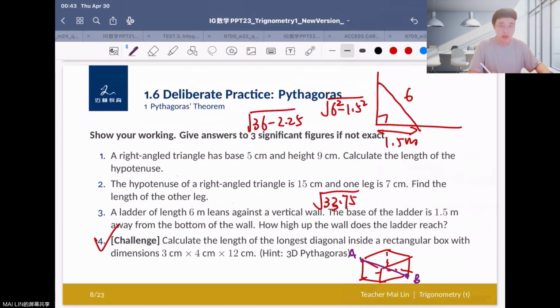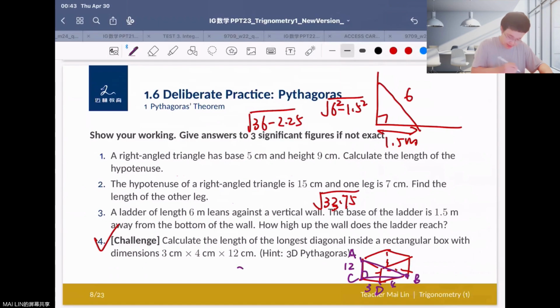We have a right angle triangle, ACB, because the line AC is perpendicular to the face BC. Also, DBC forms a right angle triangle. The dimensions are 3, 4, and 12.